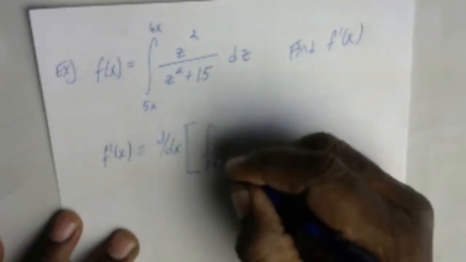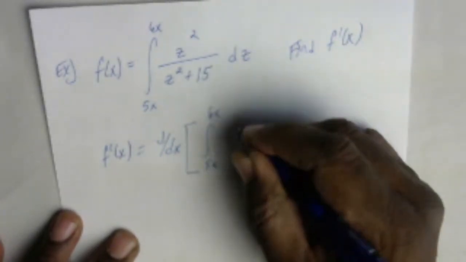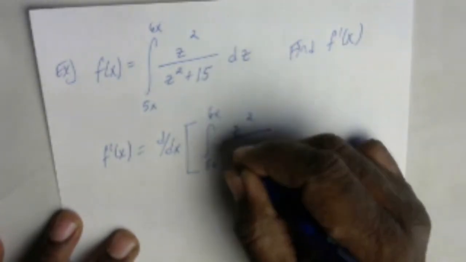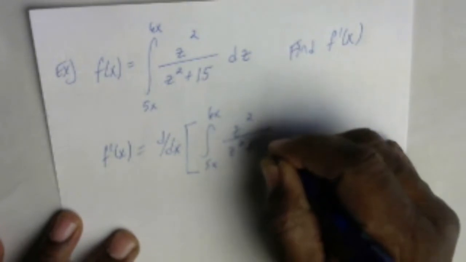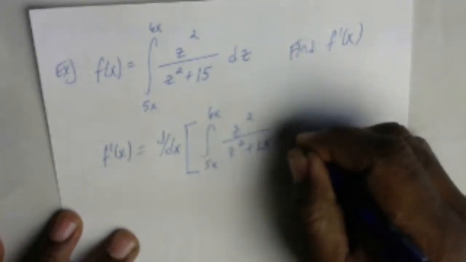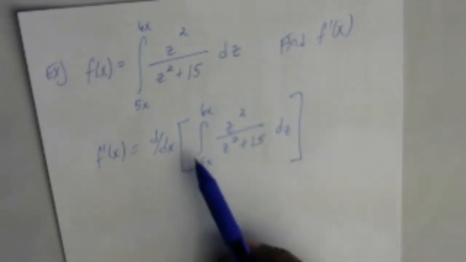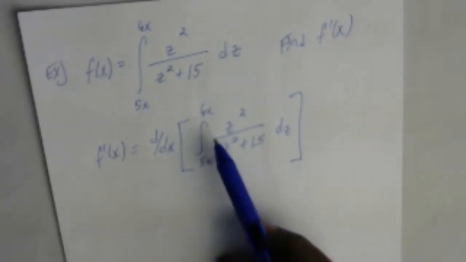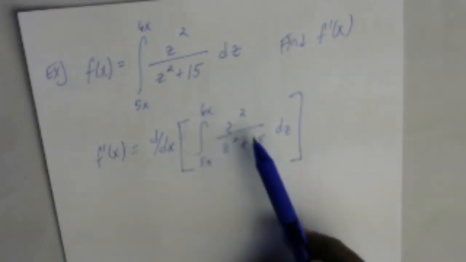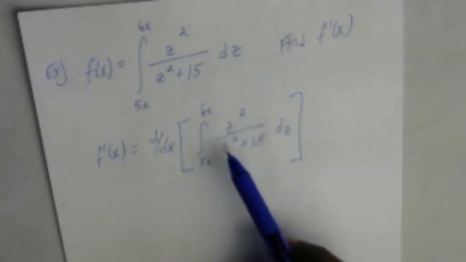On the right-hand side, we have the derivative with respect to x of the integral from 5x to 6x of z squared divided by z squared plus 15.